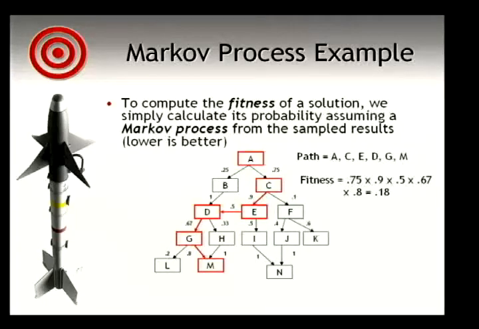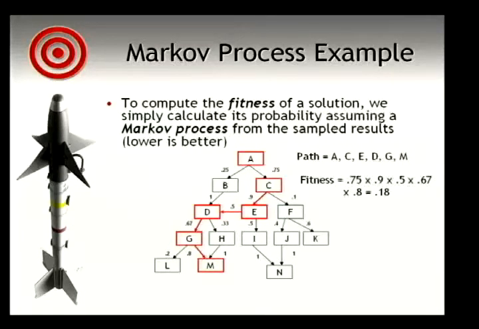So let's say a particular string follows a path down this control flow graph: A, C, E, D, G, M. Its fitness would be its probability. So all we do is calculate the probability. And all you have to do for that is multiply the total proportion that took that execution path. So in this case, we do that, we get 0.18.